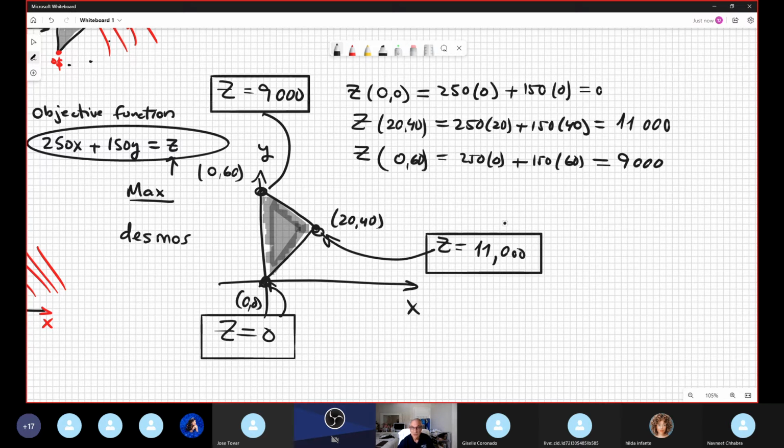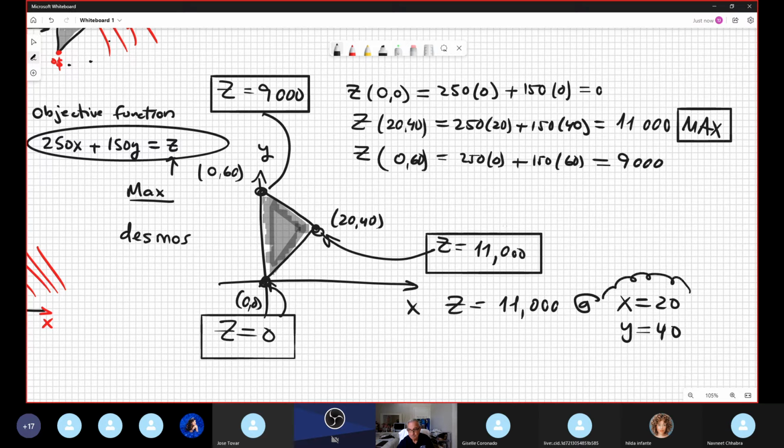It's obvious that this guy is the maximum, and my problem wants to maximize. So what is the final answer? Well, the maximum of the objective function is C equal 11,000 at X equal 20 and Y equal 40. Cool.